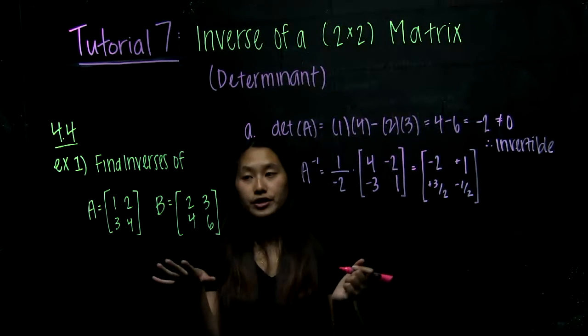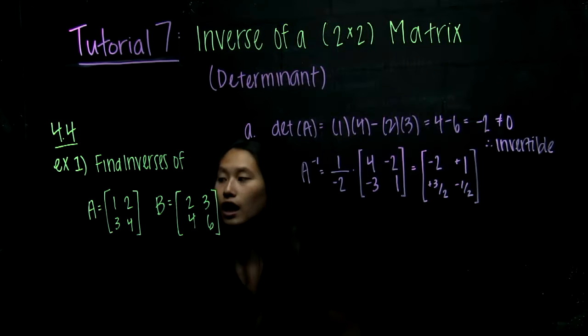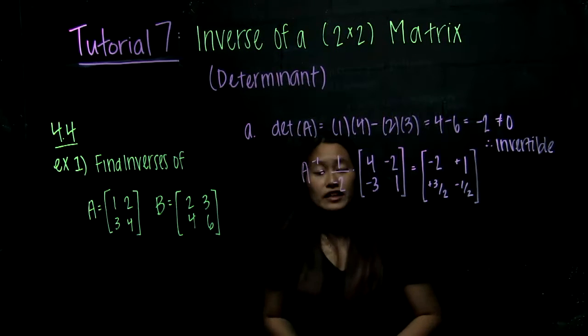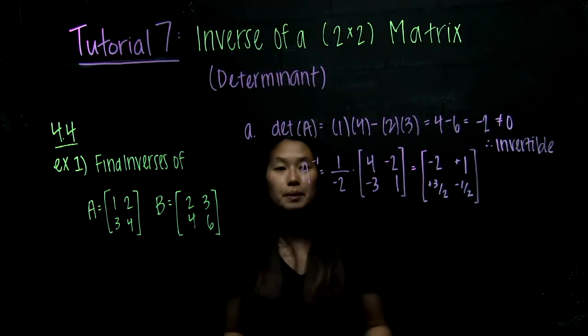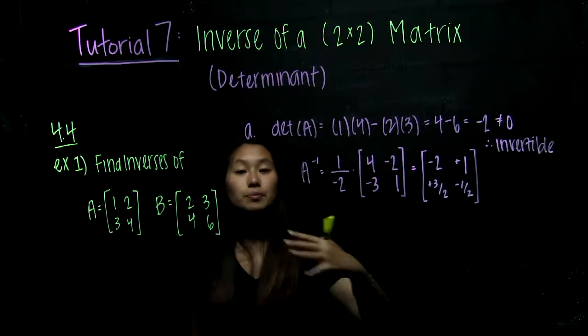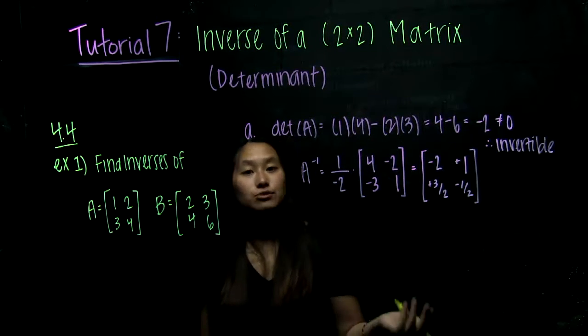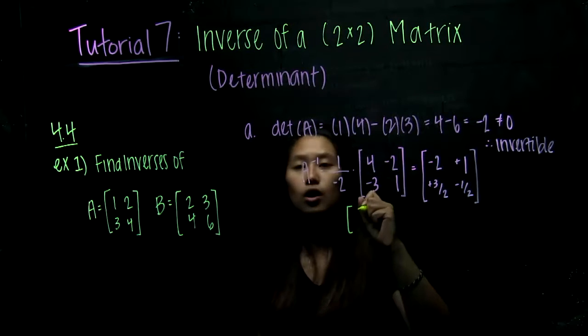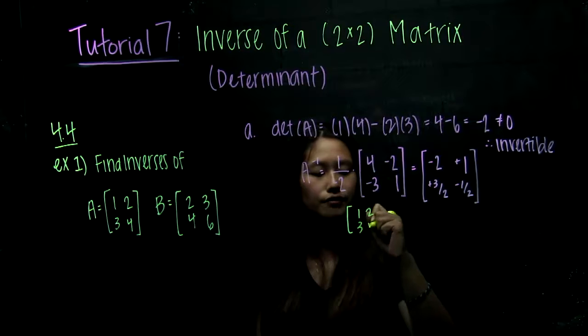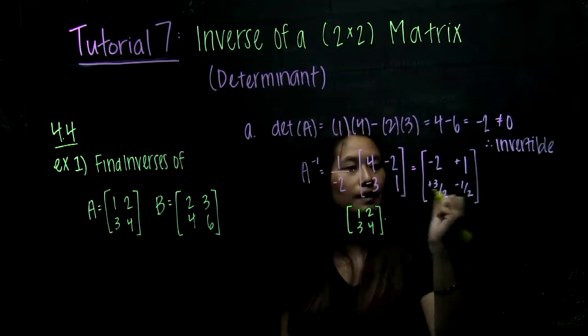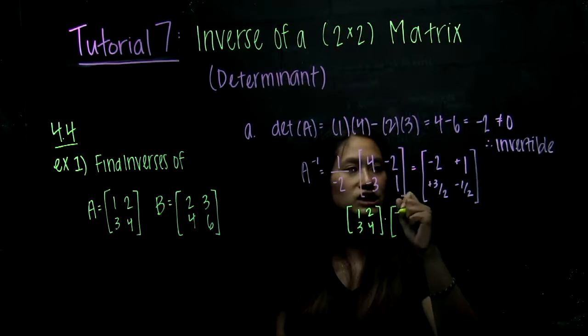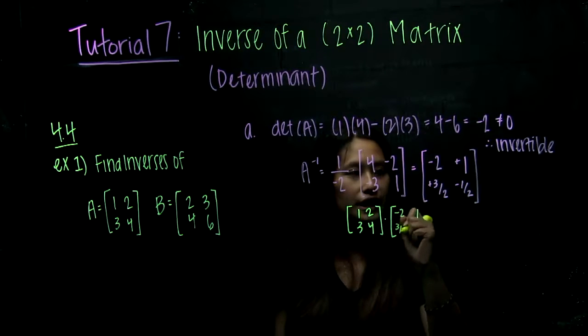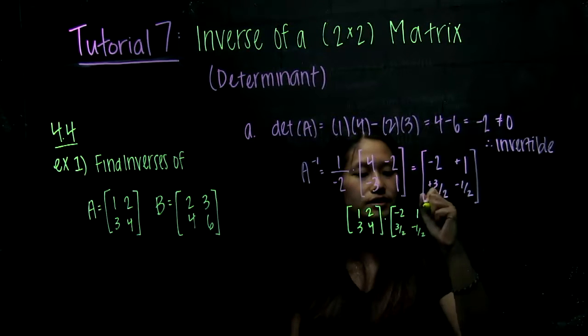And we can check our work by taking A times its own inverse, and once you check it, you should be able to get the identity matrix as a result. So we take A, which is 1, 2, 3, 4, multiplied by its inverse, which is negative 2, 1, 3 halves, and negative 1 half.